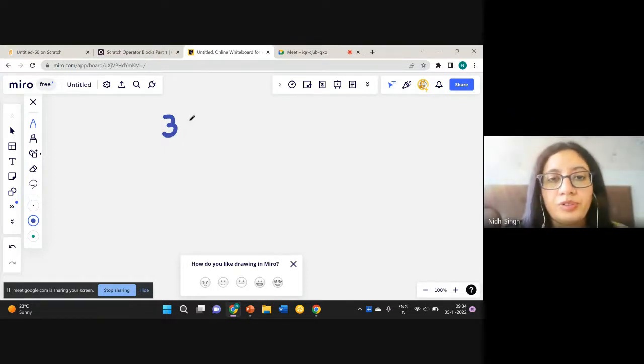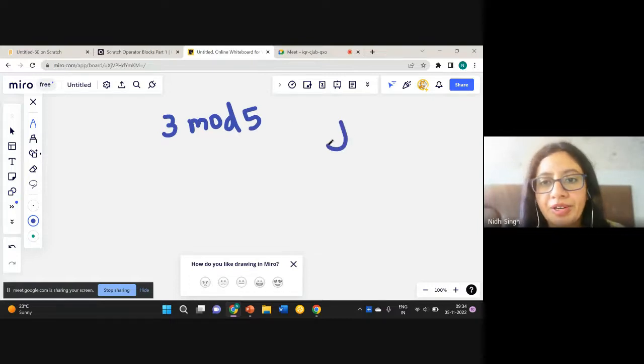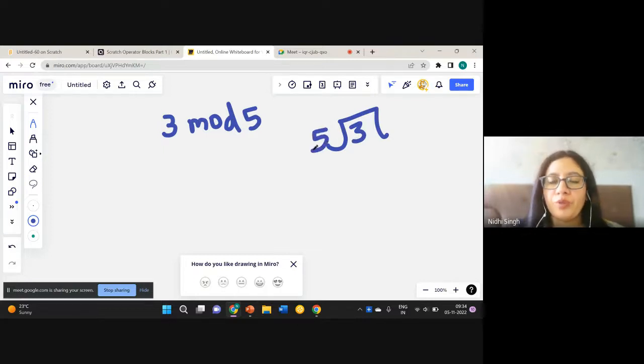Now, 3 mod 5. You will do the division, but 3 will come inside and 5 will come outside. Simply, 5 times 0 is 0 and the remainder will be 3, right?